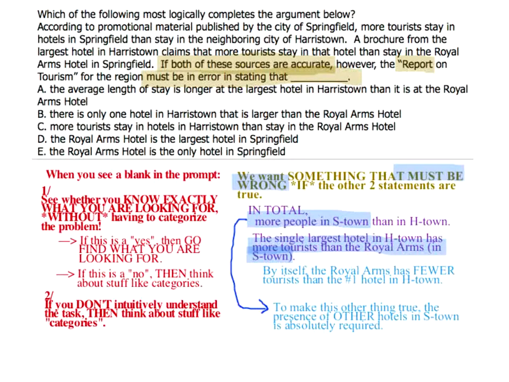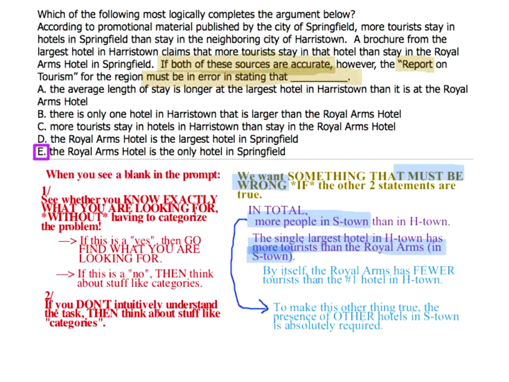Because if the Royal Arms is the only game in town, then you can actually find one hotel in H-Town that literally had more people than everybody in Springfield. So that means that E is the thing that is impossible. So, yes, this is from GMAT.